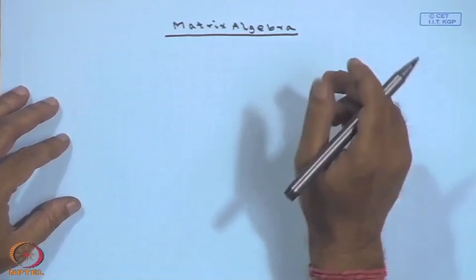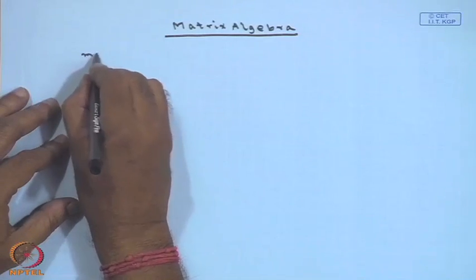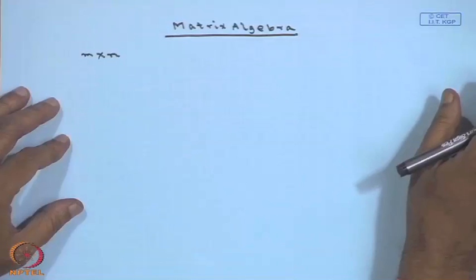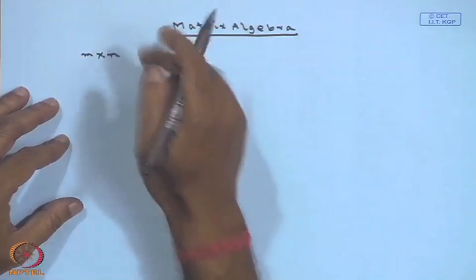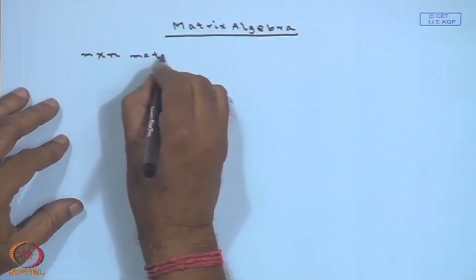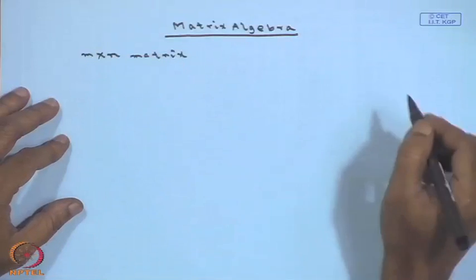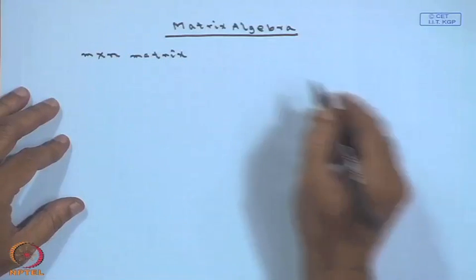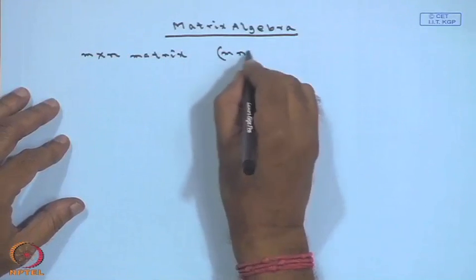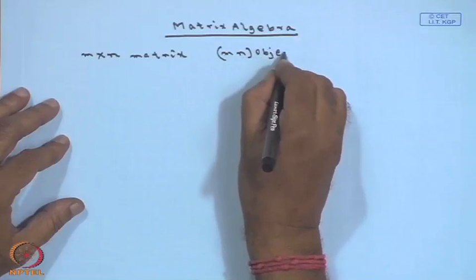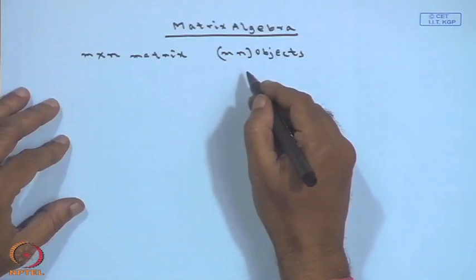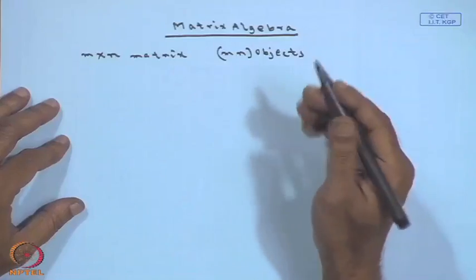In matrix algebra, an m cross n matrix is an arrangement of m n objects. These objects may or may not be distinct, and you place these m n objects in m rows and n columns in a particular form, then we call it a matrix.